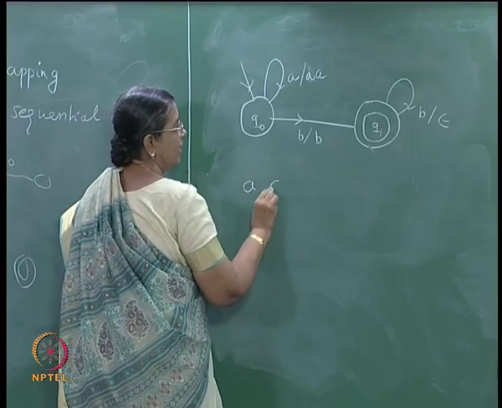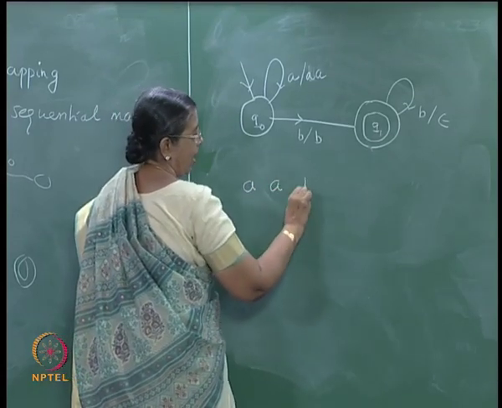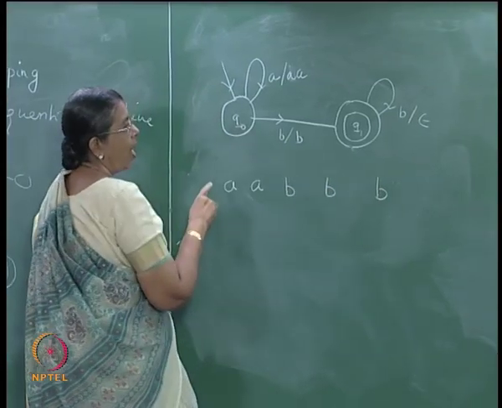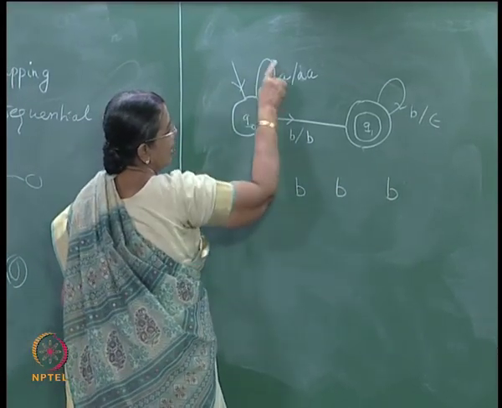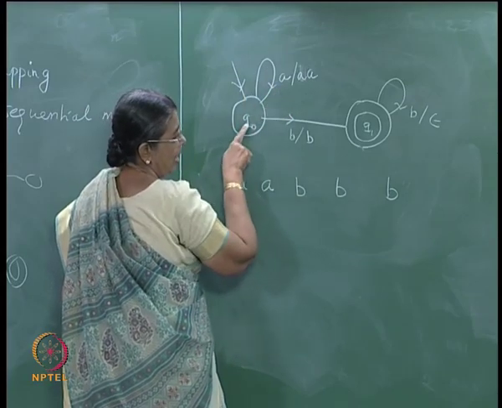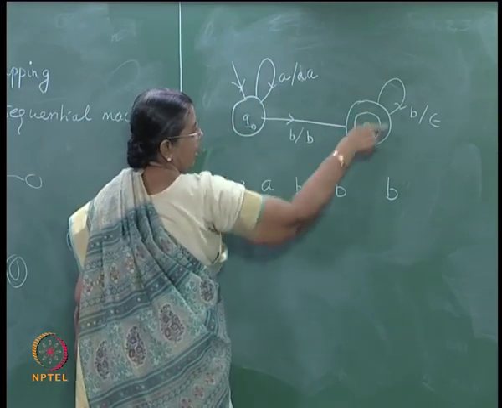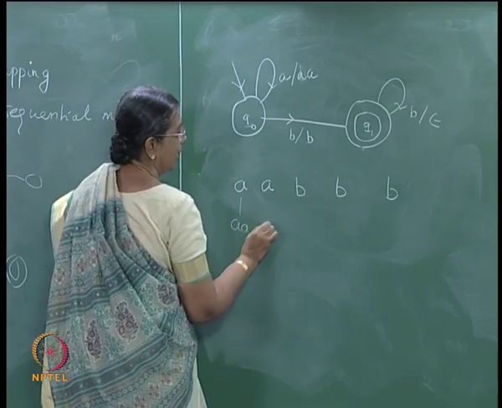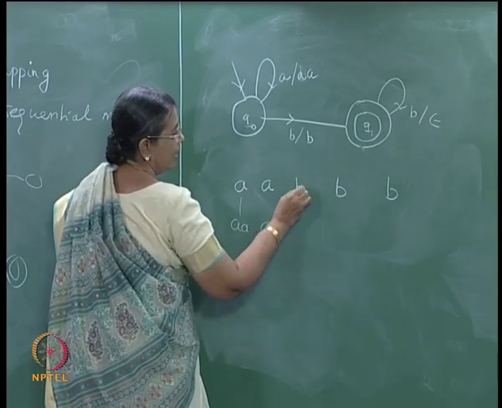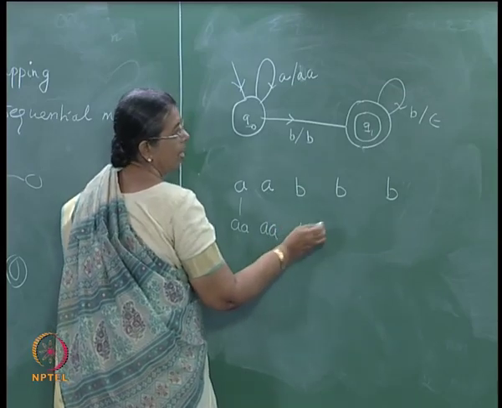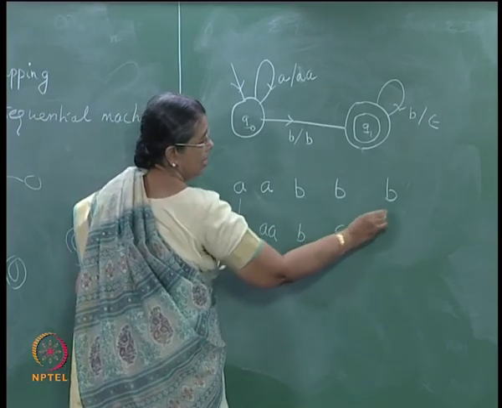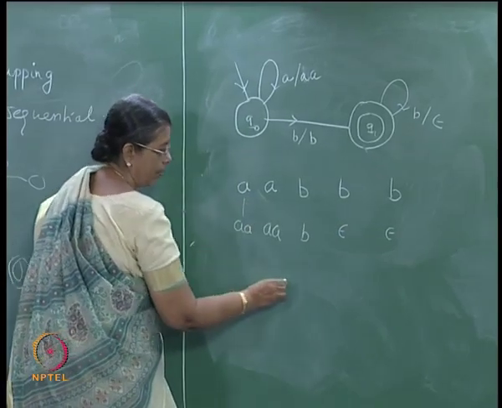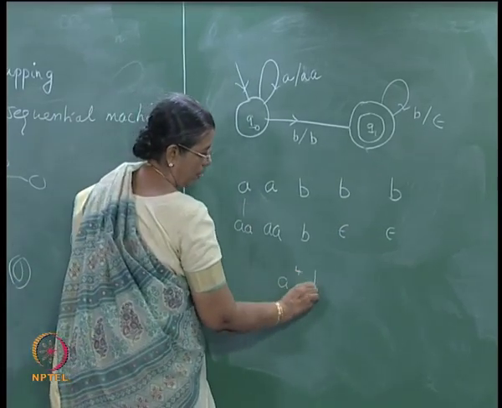Suppose I have a string a, b, b, b. How can I read this? a, b, b, b. So, what will be the output for the first a, it will be a a, this b it will be b, for this b it will be epsilon, this b it will be epsilon. So, the output for this will be a power 2 b.